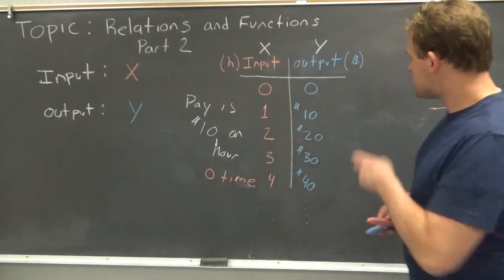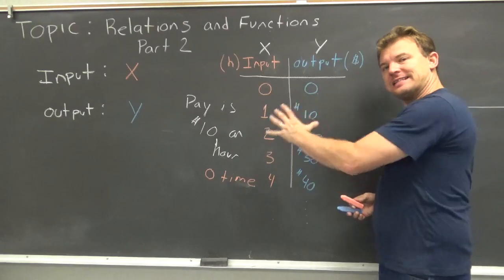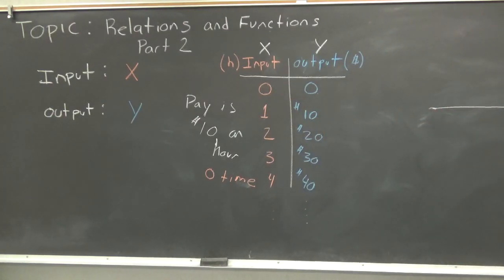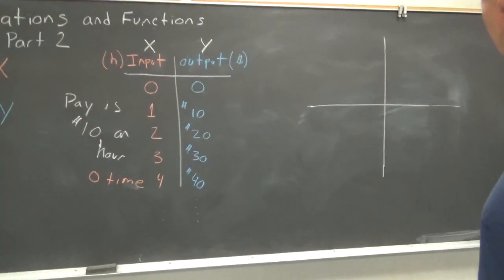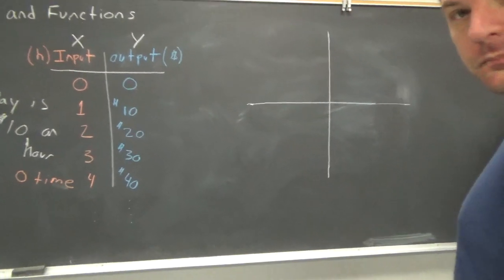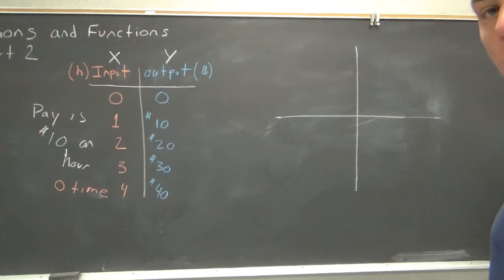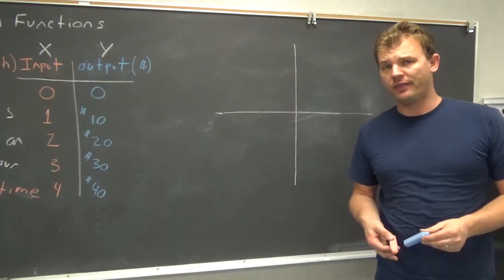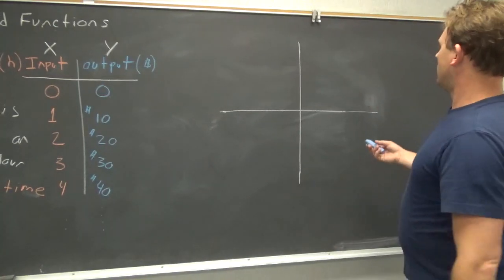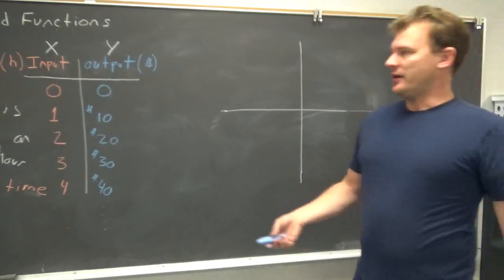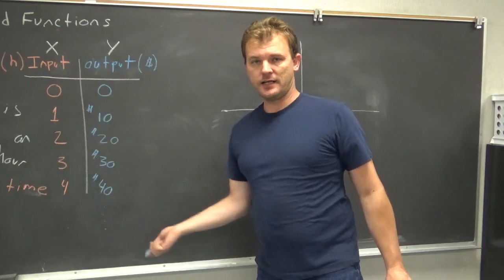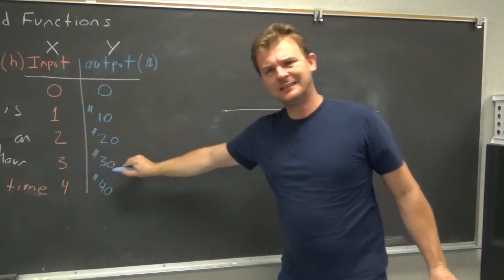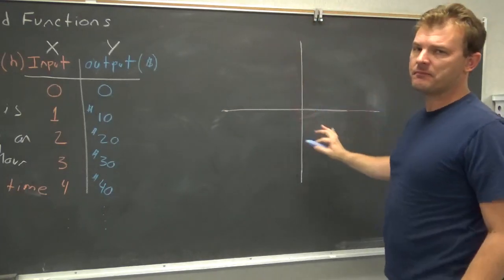We're developing this. So let's take this idea and go over here to what we call our Cartesian coordinate system that you should be familiar with. Let's put this into theory, okay? We're going to take this idea and develop it.